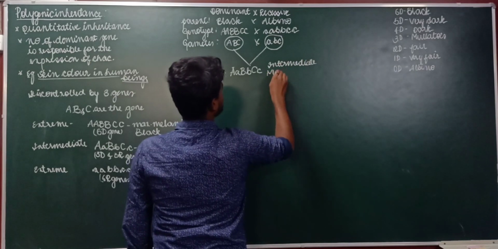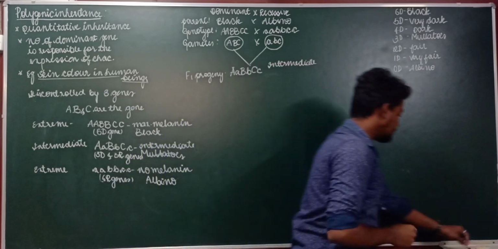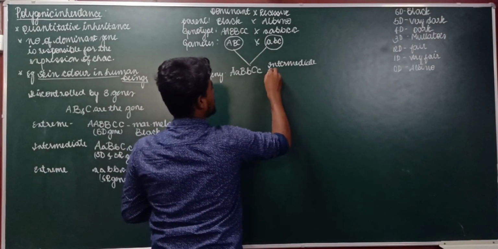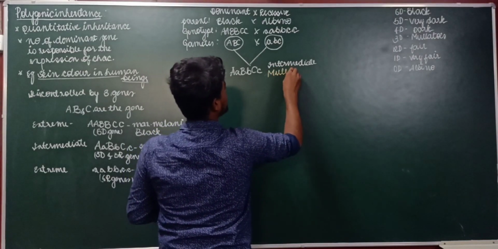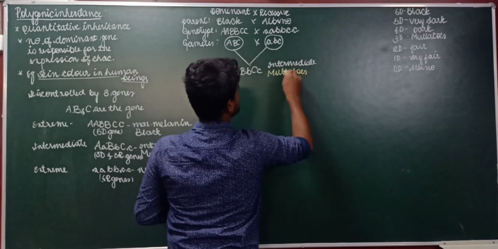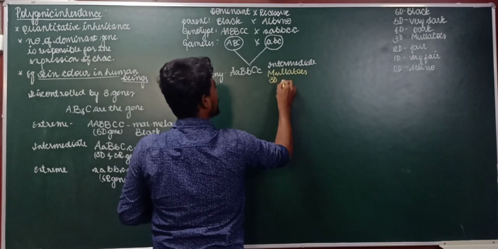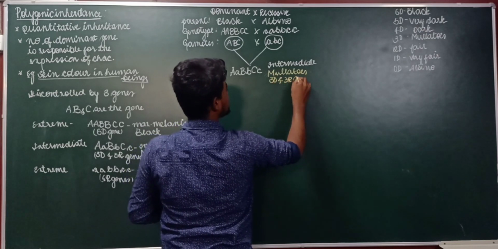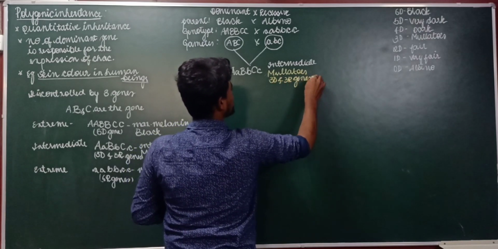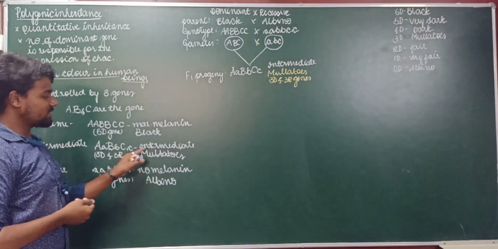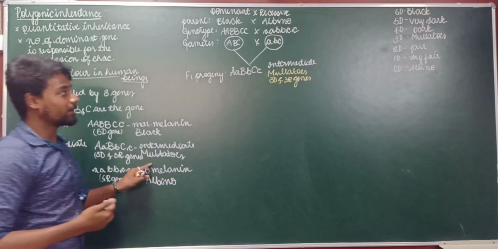We call it mulattoes, where they have the intermediate color, and there are 3 dominant and 3 recessive genes. I hope it is clear now. 3 dominant genes and 3 recessive genes, intermediate, which we also call mulattoes.